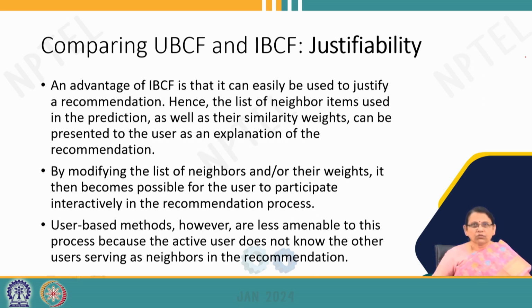Now, the next metric could be justifiability. How you can justify, how you can give explanation to the result of the recommender system. In case of item based collaborative filtering, you compare items.